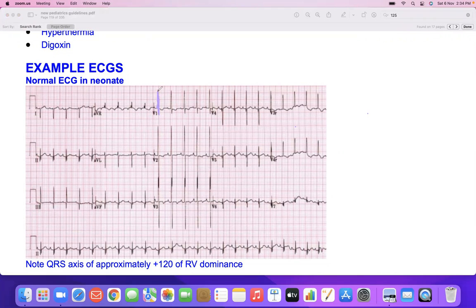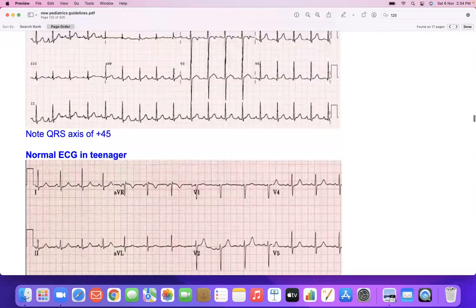So here we are seeing an upright R wave, not like normal, but it is normal for neonates. Yes, the neonatal ECG. I got your point now.